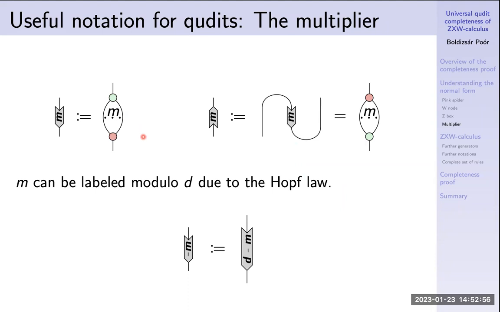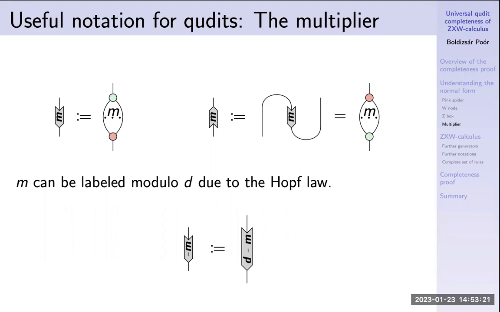It's maybe worth mentioning that in qubits we have the Hopf law, which means that if a Z and an X spider are connected with 2 legs, they are going to disconnect. But in the qudit case, this is not like this. We need to be connected with d wires in order to disconnect.